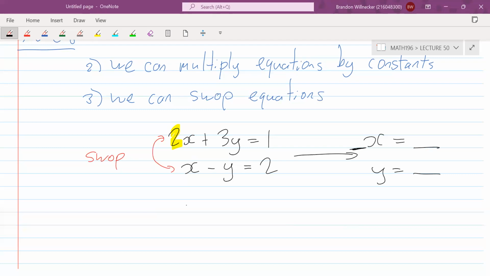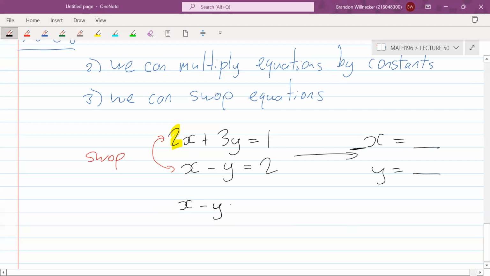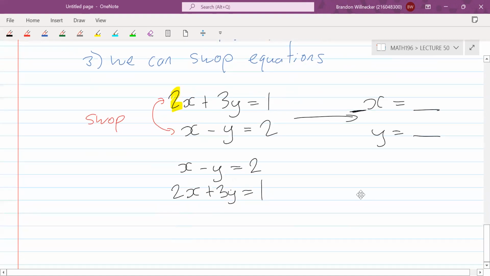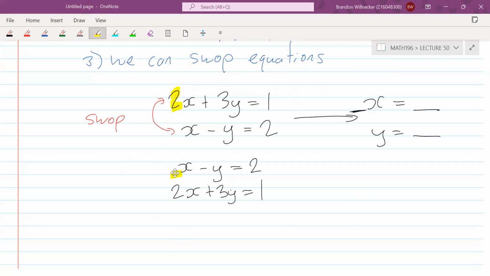So we have x minus y is equal to 2, 2x plus 3y is equal to 1. Okay, I hope that makes sense. If you do have any questions, please just shout out while we're going through this. Okay, good. Now the coefficient here is 1, which is what we wanted. Now in the second equation, we have this 2x term.